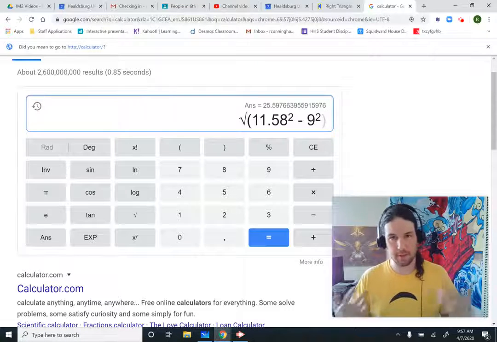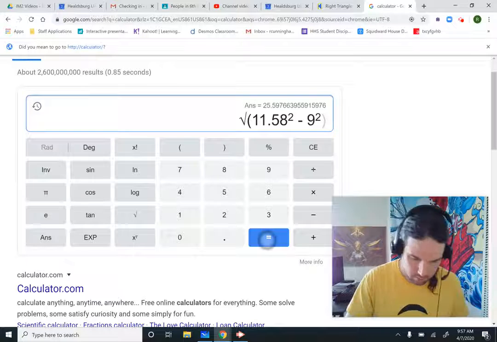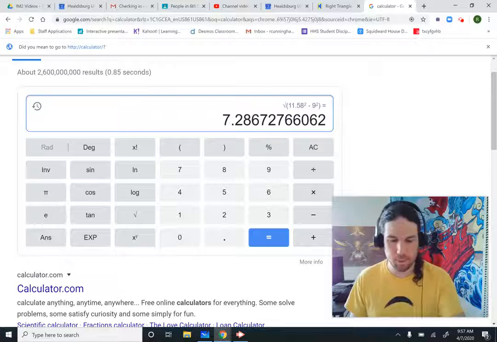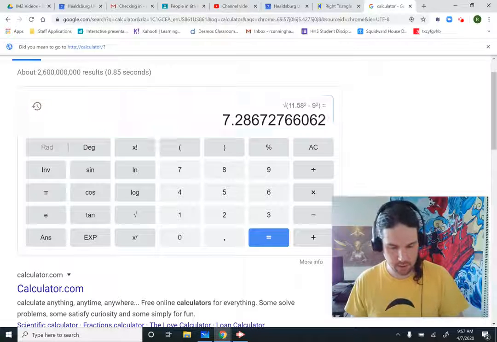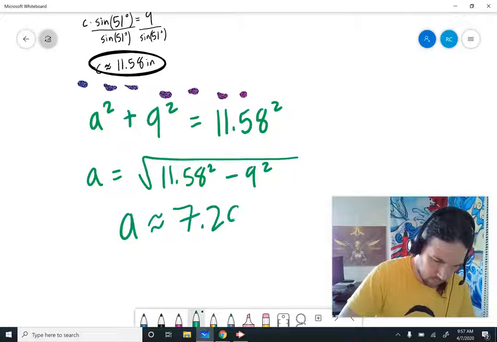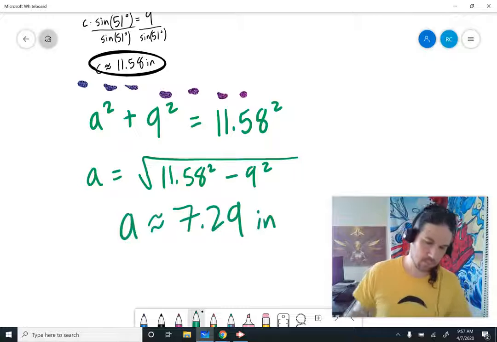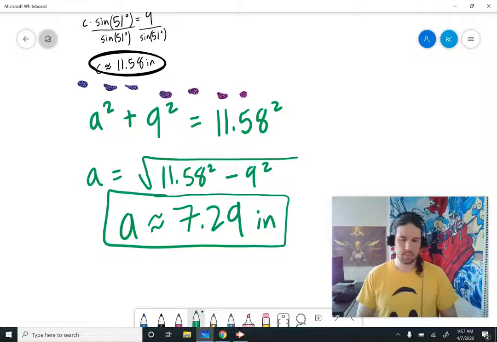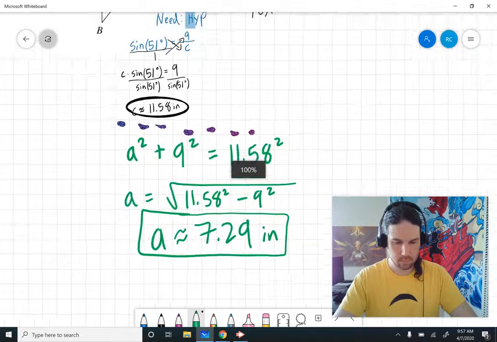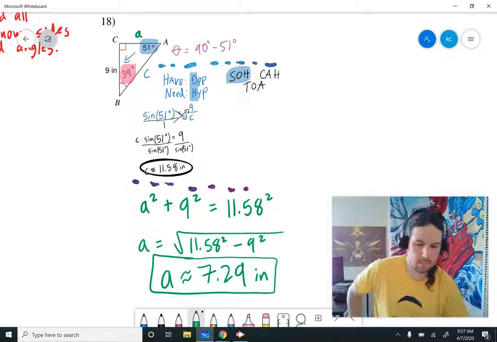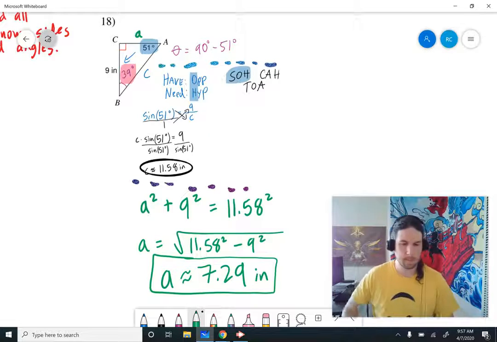It just takes a little bit of getting used to. 7.286, so we'll call that 7.29. I think this was inches. And that's the second example.